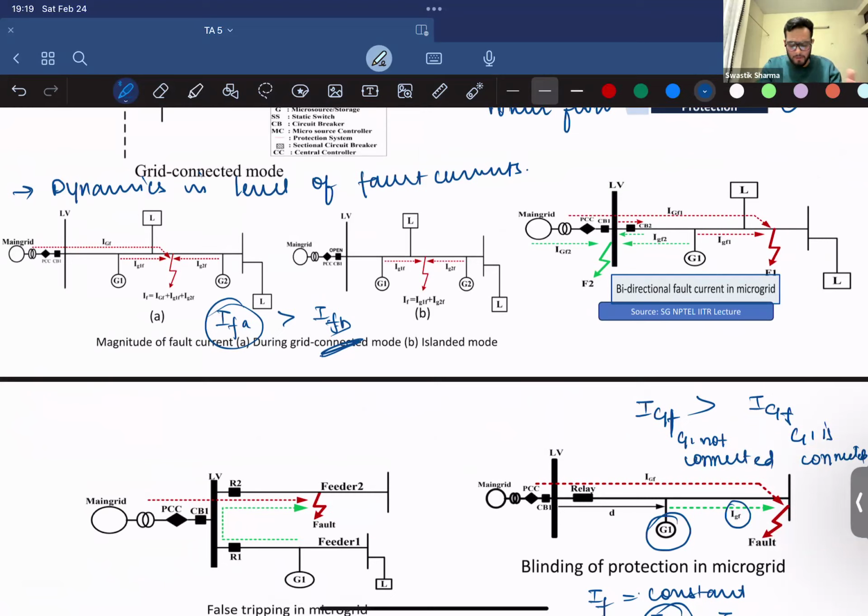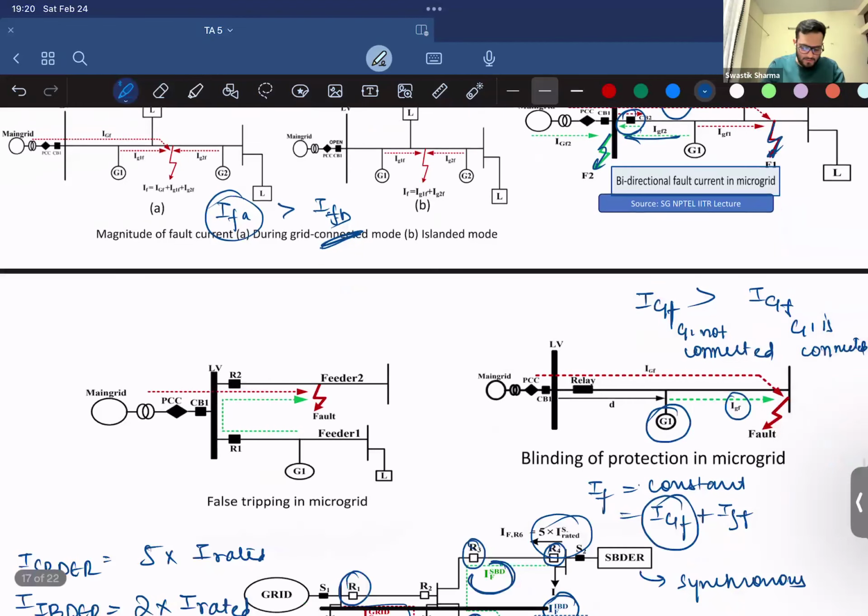The current coming for this fault F2 is somehow decreasing the fault current IGF1 because they are opposite to each other, flowing on the same line. So the algebraic sum would be subtracted, and the fault it would sense would be less. But is it less? It's not, right? There is a fault in F1 as well, so it should have a bidirectional relay.